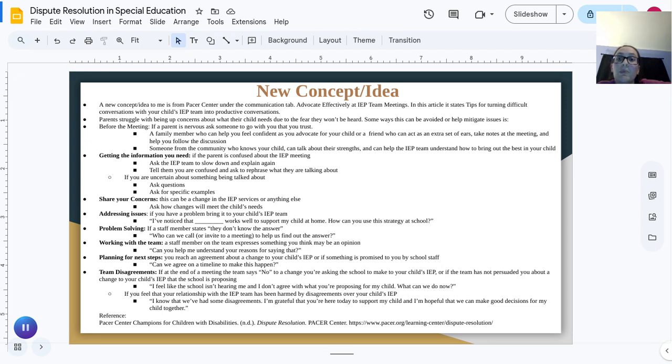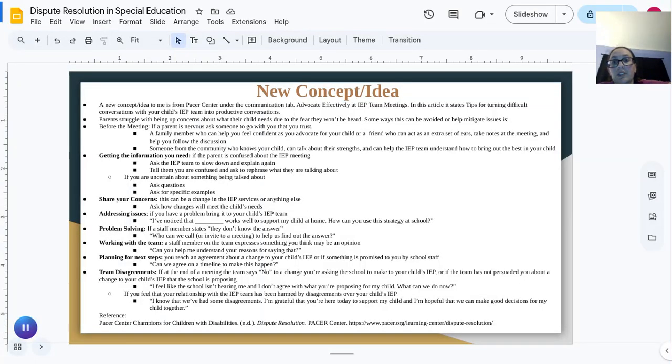Some things that can be done during the meeting is getting the information you need. So, if the parent is confused about the IEP meeting, they could ask the IEP team to slow down and explain again, or let them know that you're confused and ask them to rephrase what they are talking about. If you are still uncertain about something being said, ask questions and ask for specific examples.